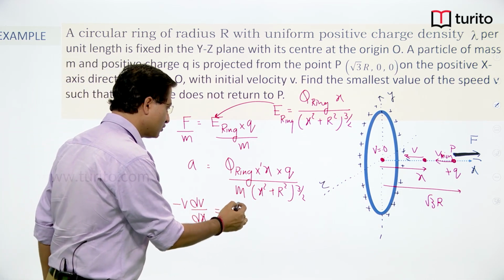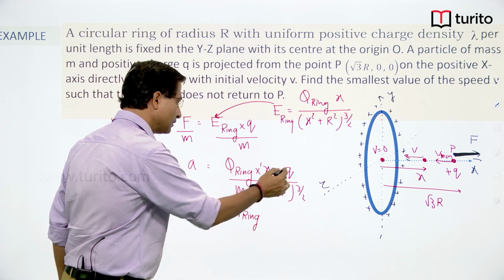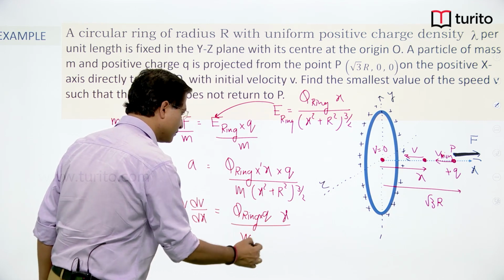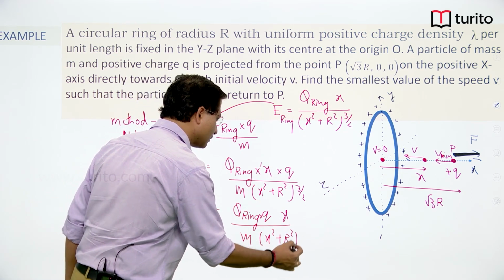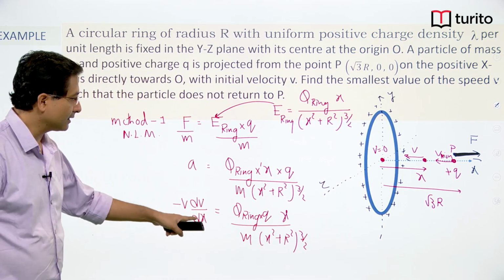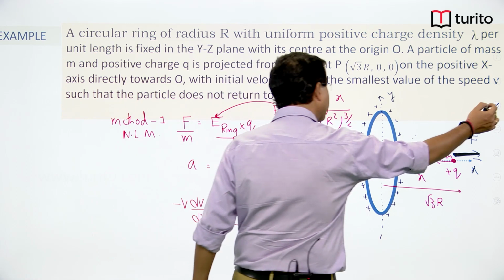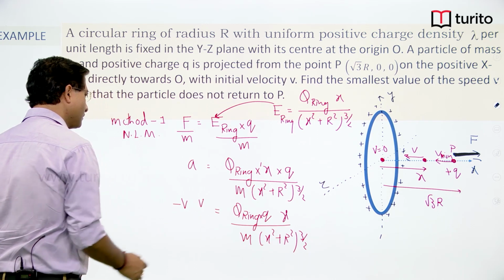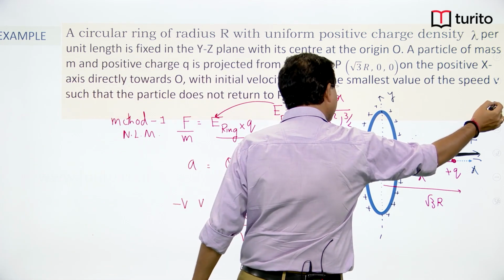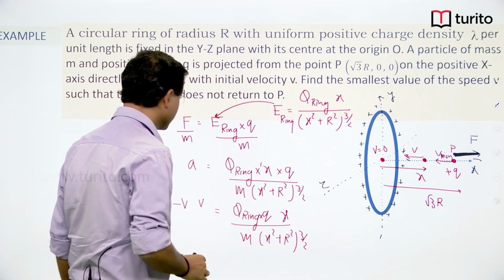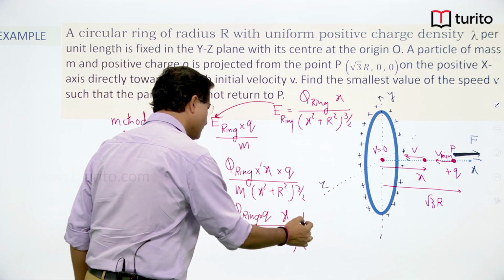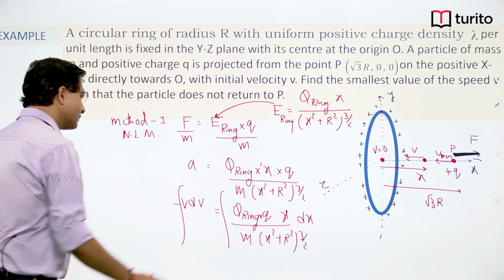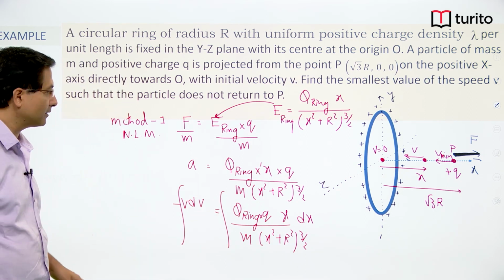So here I can write q ring into q, into x divided by m times x square plus r square to the power 3 by 2. Now I will get this term on this side, and dx on the other side. For the limits, it depends on the condition you require.